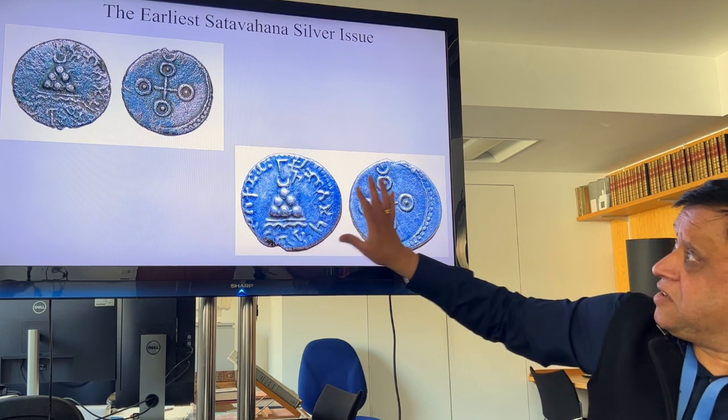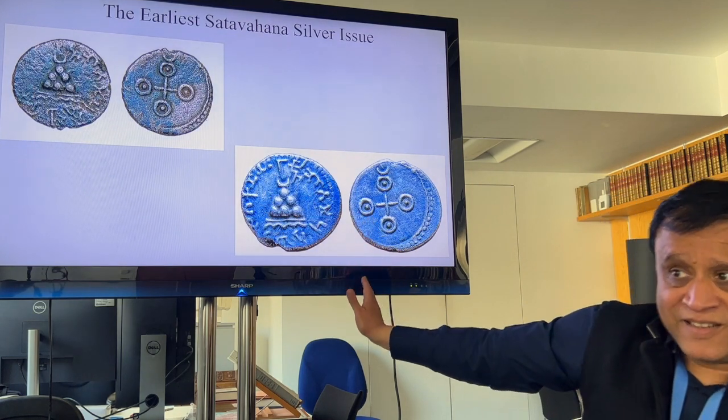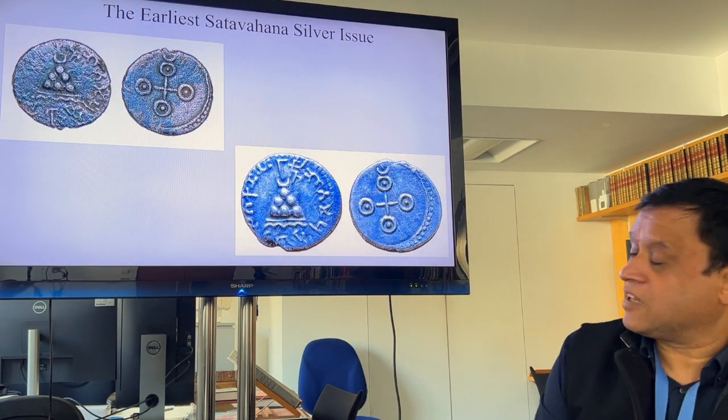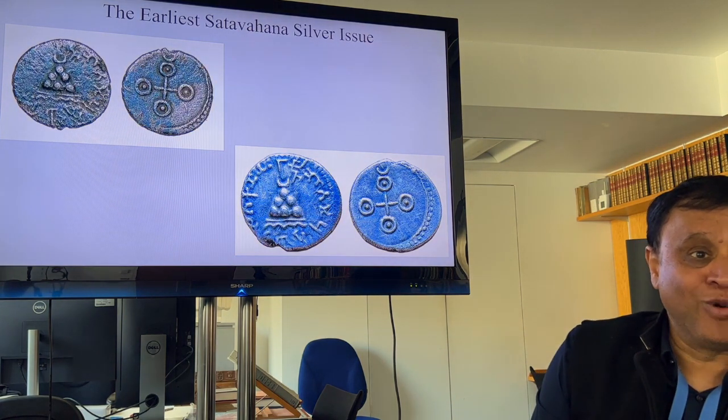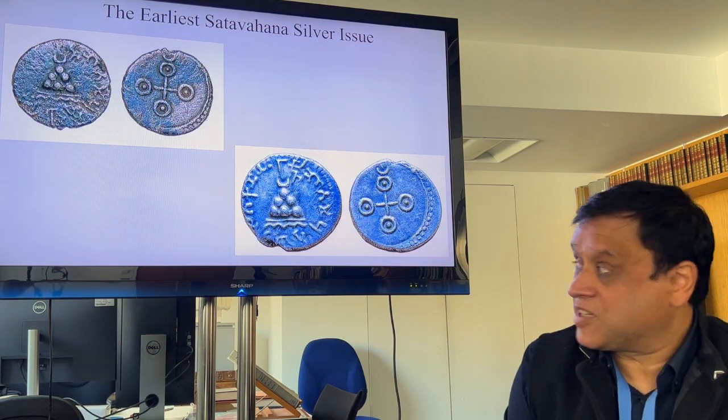Be that as it may, 15 years down the line, a second coin, identical, was found, and this is in the collection of Amit Lomte of Pune, who I'm very grateful to for allowing me to illustrate this.